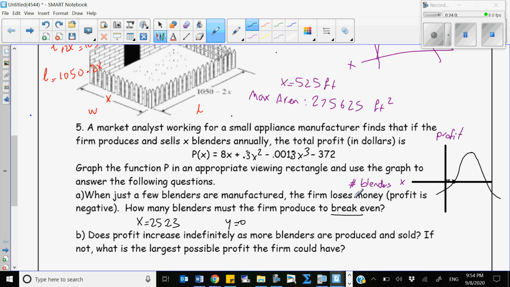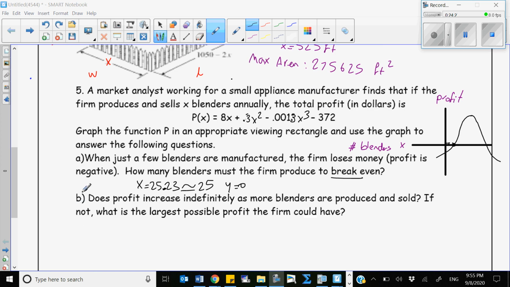So the number of blenders should be this value, which, because the number of blenders cannot be a decimal number, I'm going to make it 25. If I make 25 blenders, then I will have the break-even point.